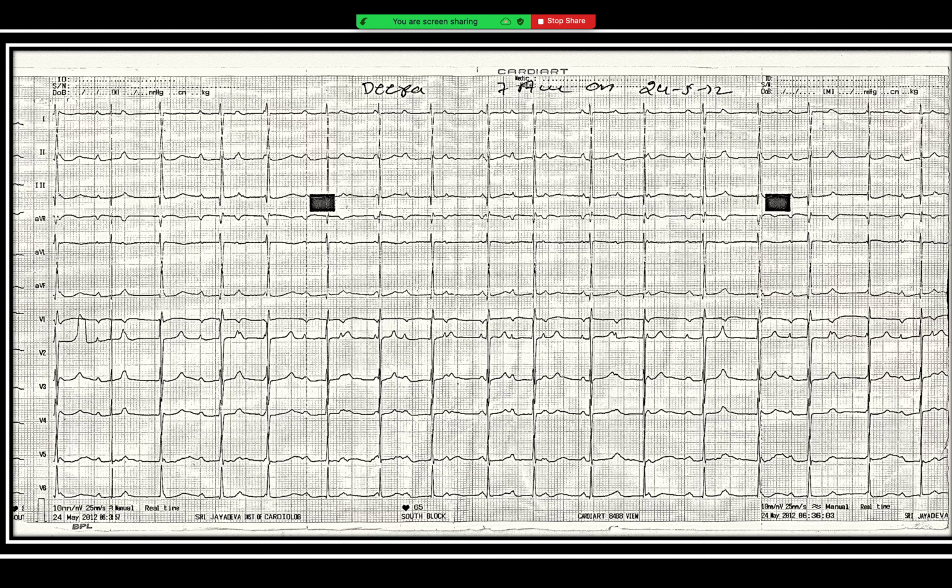So sorry about the poor quality of this ECG, but what do you notice over here? Look at the rhythm strip. It will give you some interesting insights. This is a young patient, pretty young.